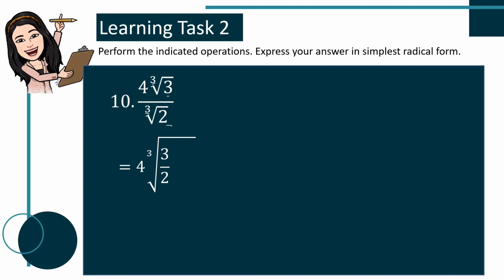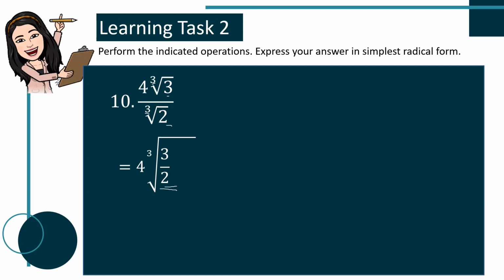Yun lang yung paraan para ma-solve natin ito. Rationalize the denominator means you need to multiply the denominator. Alin ba denominator natin? Okay, itong 2. Multiply the denominator by any number na magpapa-perfect cube sa kanya.